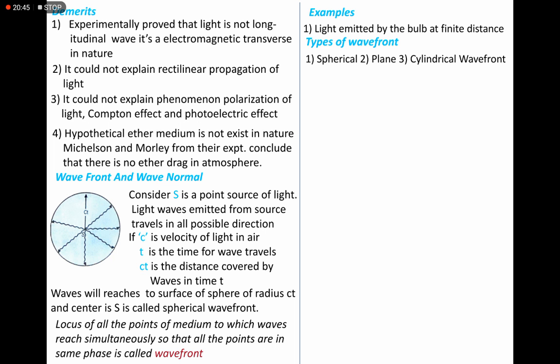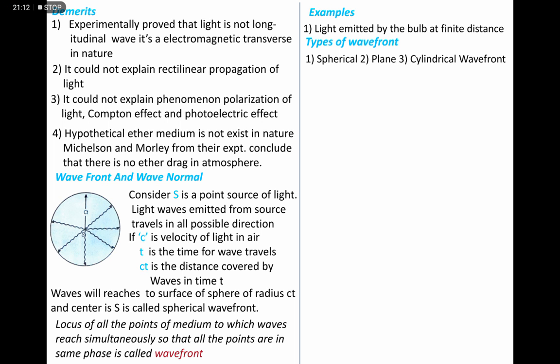Now, one activity. Suppose this spherical surface of our society gate's lamp is covered with a black surface. Definitely the light waves will not come out through this black surface. Suppose this black surface is the spherical wavefront.